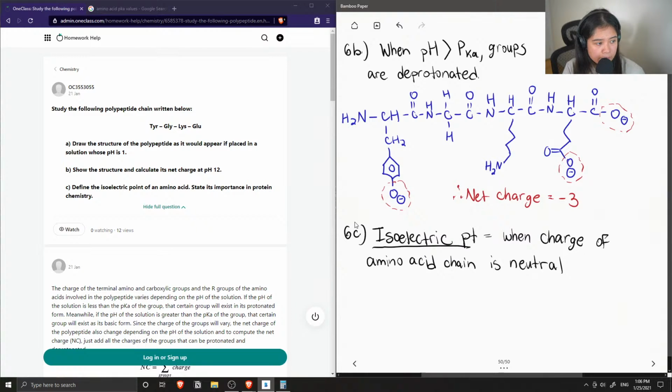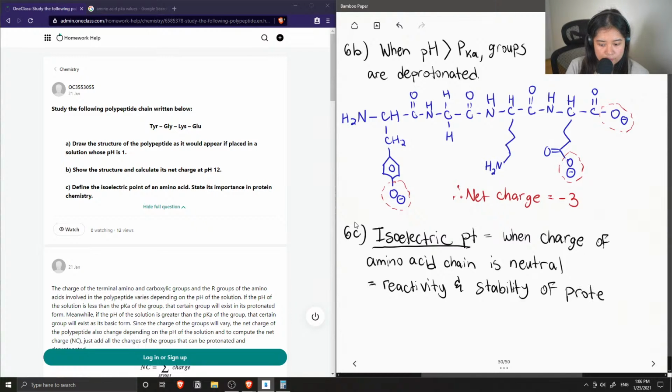So this is important in protein chemistry because it affects the reactivity and also the stability of a protein. Okay, so that was all of question 6.